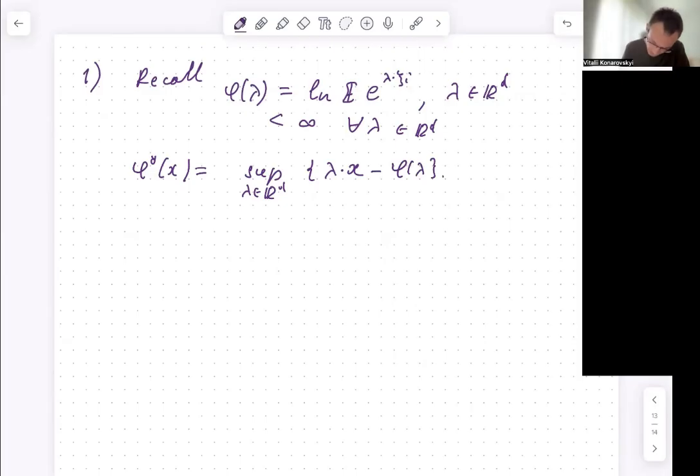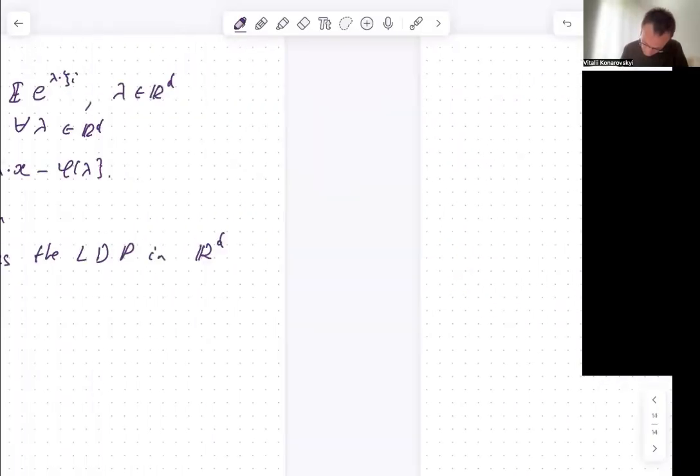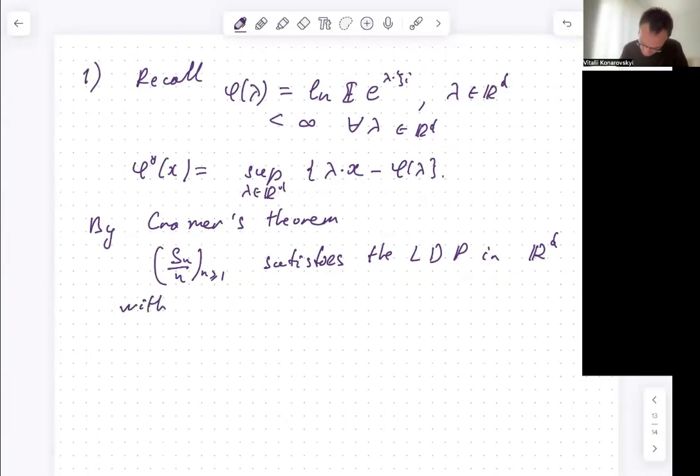And then by Cramer's theorem, S_n divided by n satisfies the large deviation principle in R^d with rate function phi star.